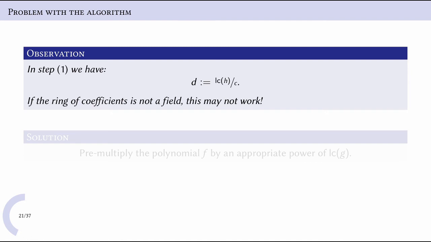So this previous proposition will not work, and this algorithm will not work over the integers, because the resulting polynomials are not integer polynomials. They don't have integer coefficients. The same is true if we are working with polynomials with polynomial coefficients. So polynomials in variable y, for example, over the ring of polynomials in variables x1 to xn.